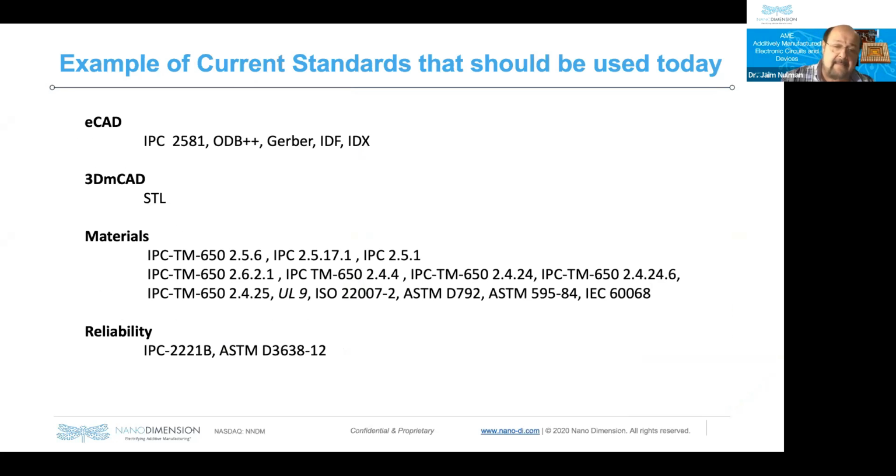For example, we need to make sure that the emissions of the materials are similar, if not identical, or at least within limits, so that they can be used in the different environments where electronics are being used today, including in space, as well as the reliability standards, how do we test to ensure the functional and the life test of the circuits.